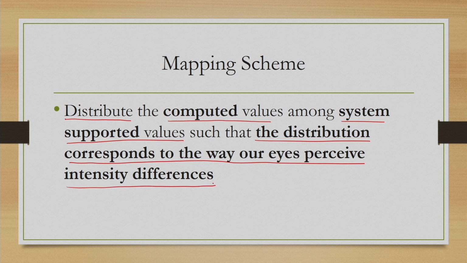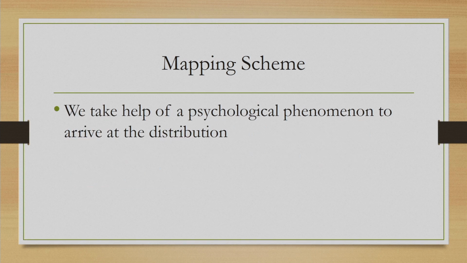So, this is a slightly complex idea. Let us try to understand this in terms of an example. Now, this core idea actually relies on our psychological behavior, how we perceive intensity differences.